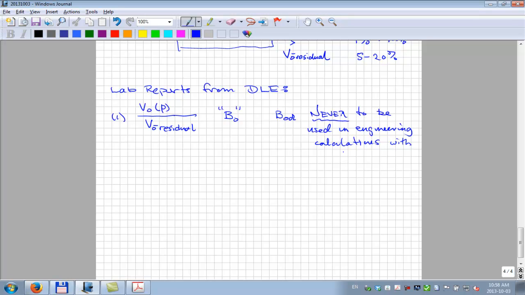Never in engineering calculations with reservoir production, etc., pipeline calculations that you find in all your textbooks. You'll find BO everywhere: rate equations for oil, material balance equations, and so forth. The BO shows up everywhere.